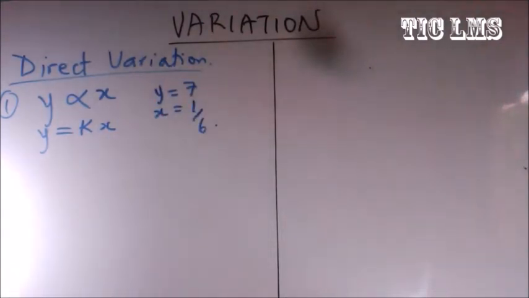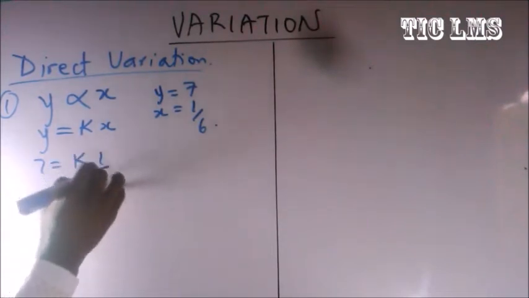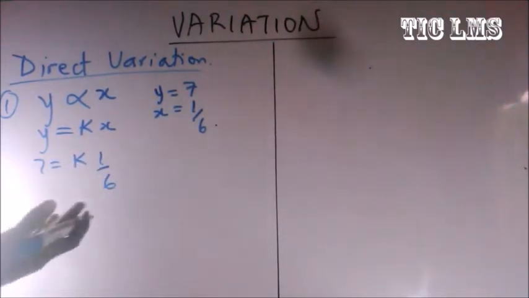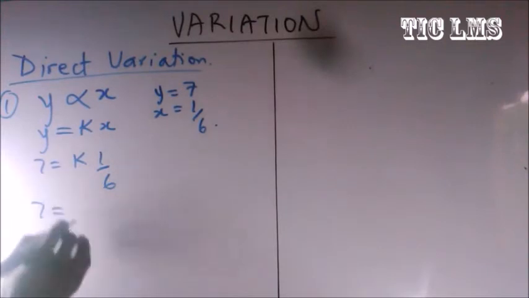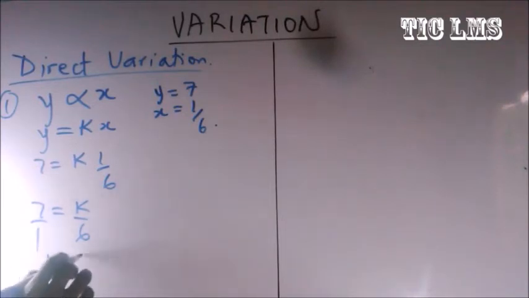So what we have to do is to substitute y and x for 7 and 1 over 6 respectively. And so we have 7 equal to k times 1 over 6, which is k over 6, and then we cross multiply. So when we cross multiply, we find that k equal to 7 times 6, which is 42. So here is the value of k.